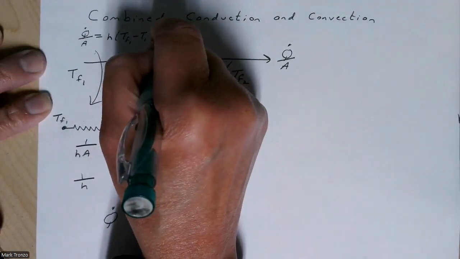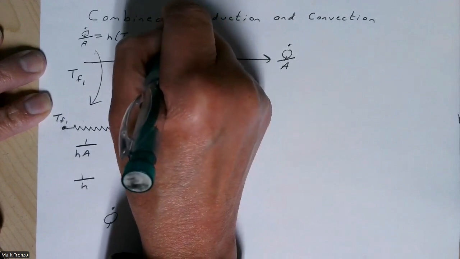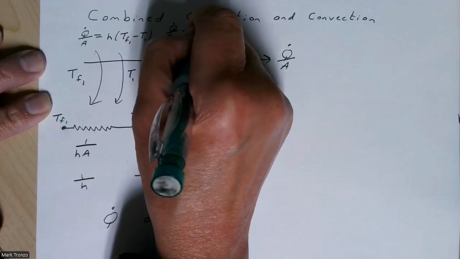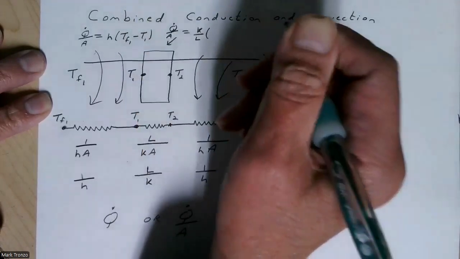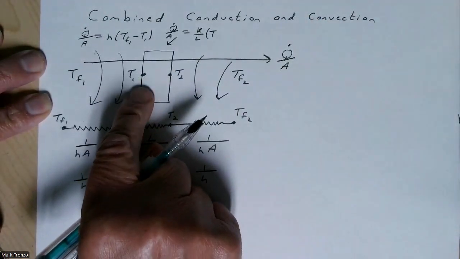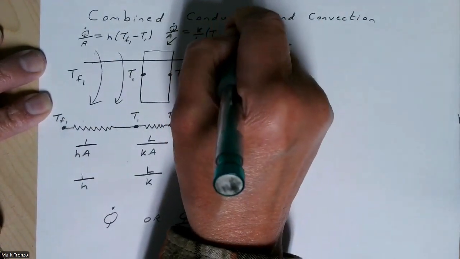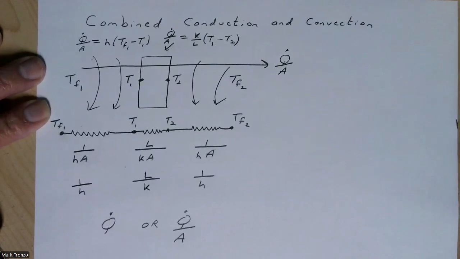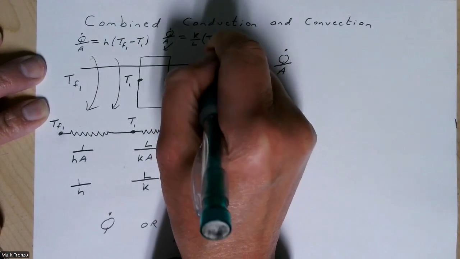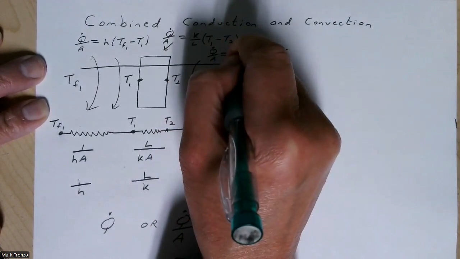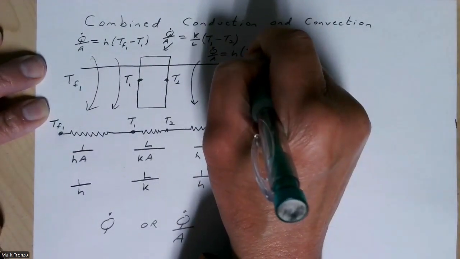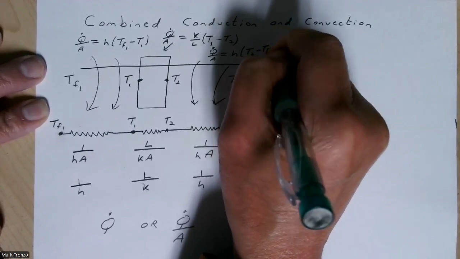Then in this region here, this would be K over L times T1 minus T2. And finally, in this region here, Q dot over A is H. Then this time it's going to be T2 minus TF2, like this.